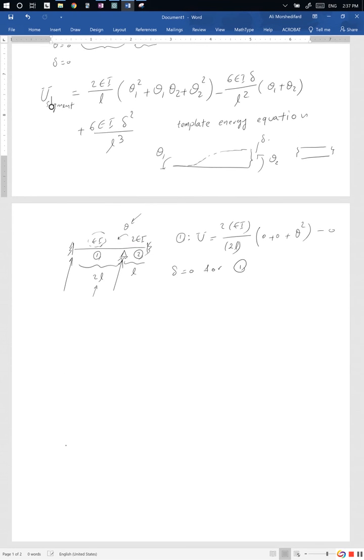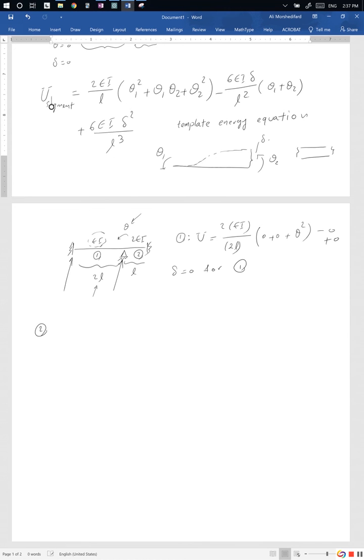So you have minus 0, which I am substituting in this, and again substituting in this, you get again 0 plus 0. So that's the energy of segment 1 as a function of degrees of freedom.